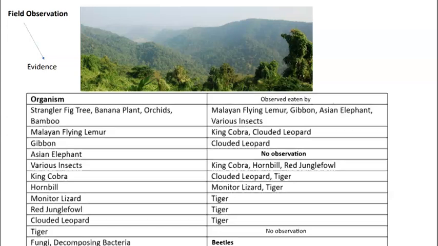Any construction of a food web must be based on the observation of one organism, the ones in this column, being eaten by the organisms in this column.